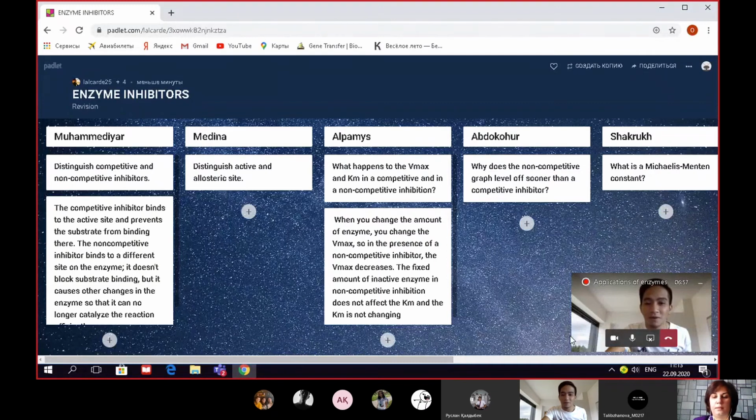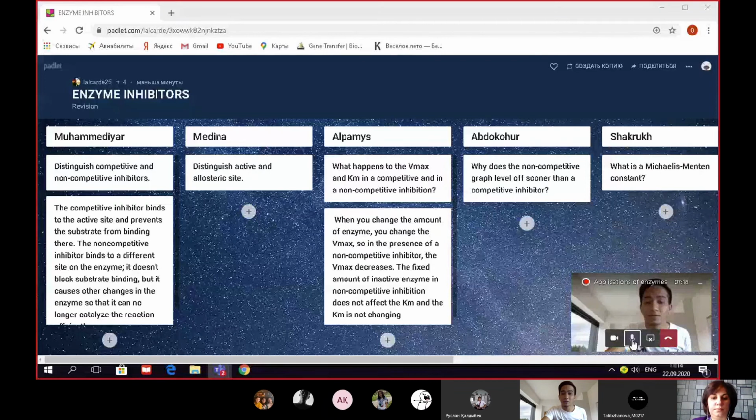Now, how about in the presence of a competitive inhibitor, Alpamis? Because you only put here non-competitive. What happens to the Vmax and the Km in a competitive inhibition? Mahinur. Okay, it will increase.